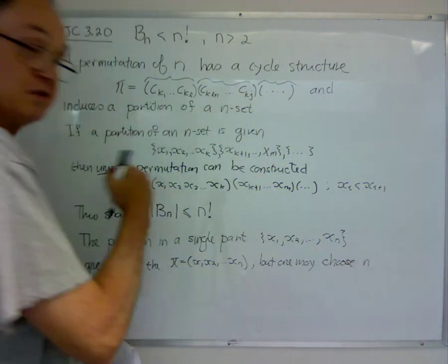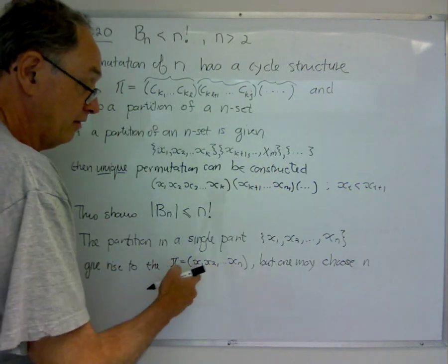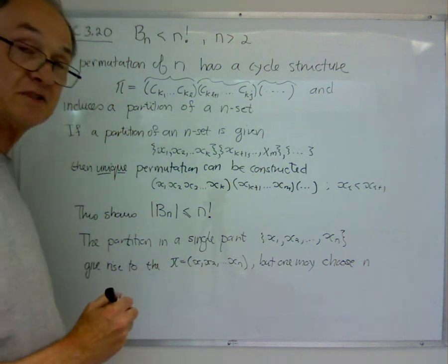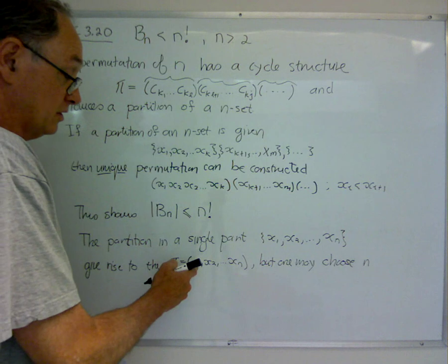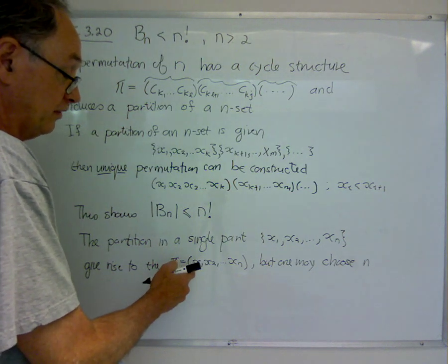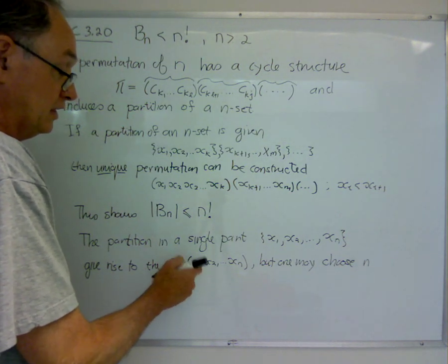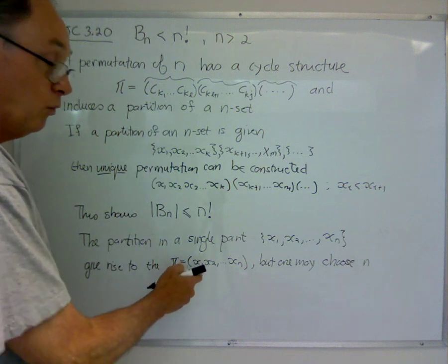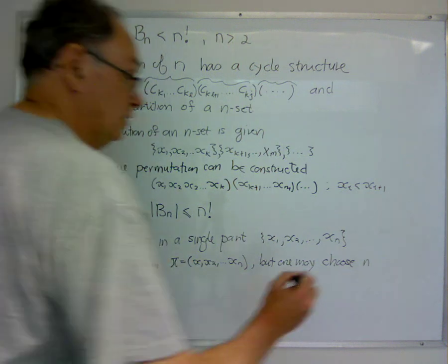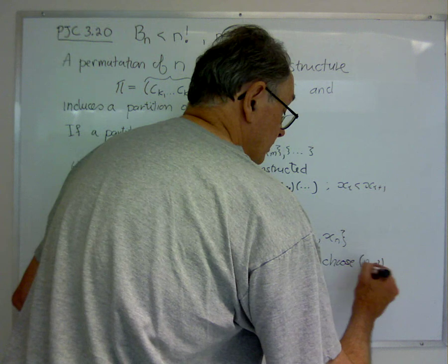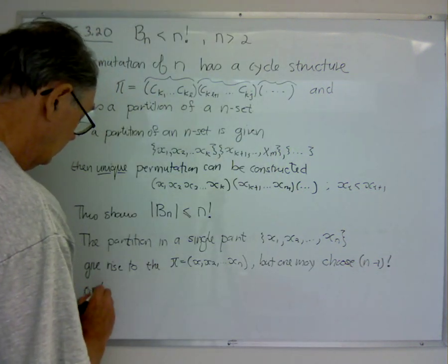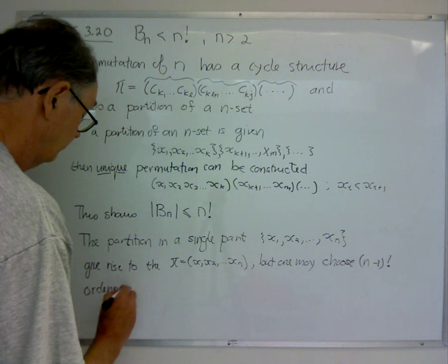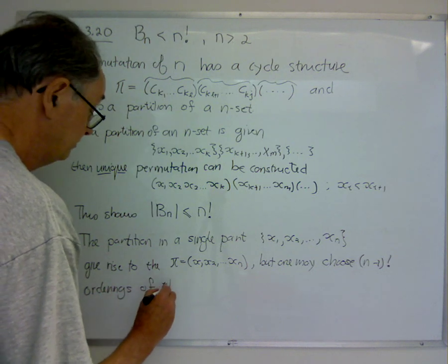Right, so we've shown earlier that the number of cycles like this is n minus 1 factorial, and so because it's n minus 1 factorial, you only see one of those, right? N minus 1 factorial orderings of the cycle.